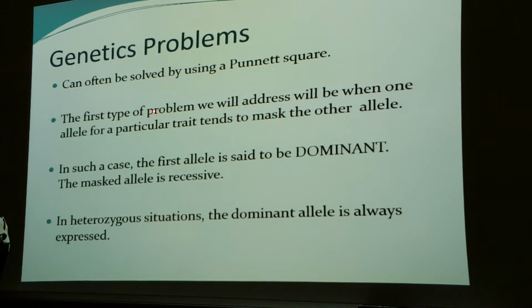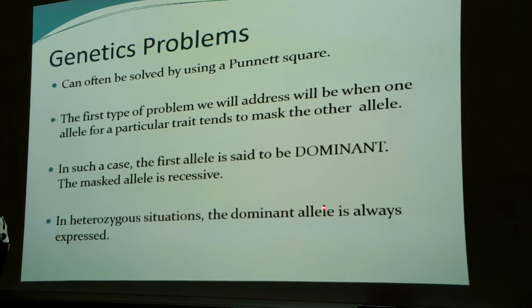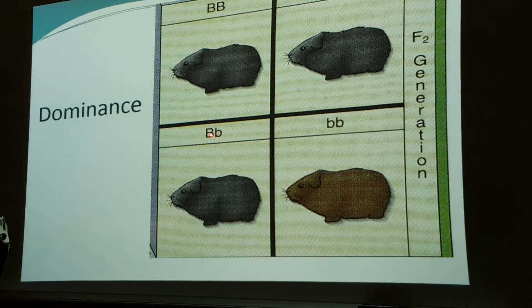The first type of problem we will address will be one for which you have a dominant allele, and so it is the one that is expressed, and the other one, it's like you don't even know it's there. And so in heterozygous situations, the dominant allele is always expressed. The dominant allele is always shown as uppercase.